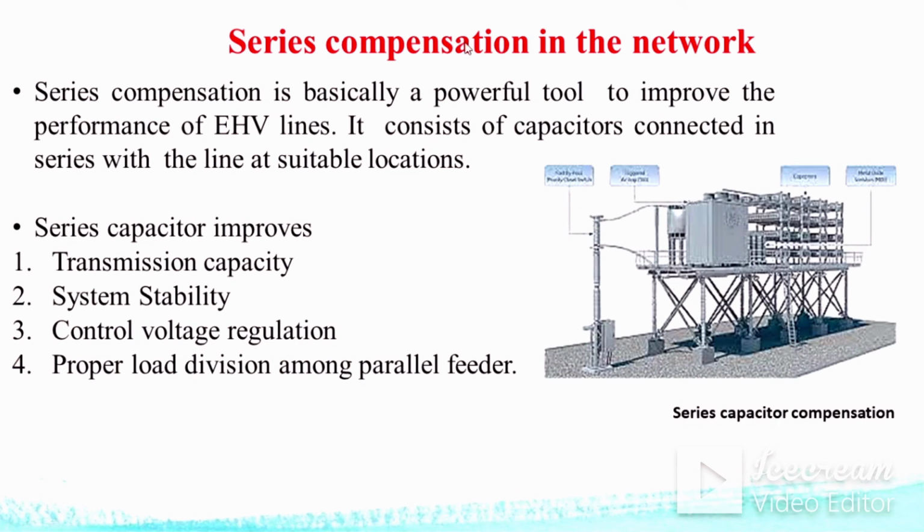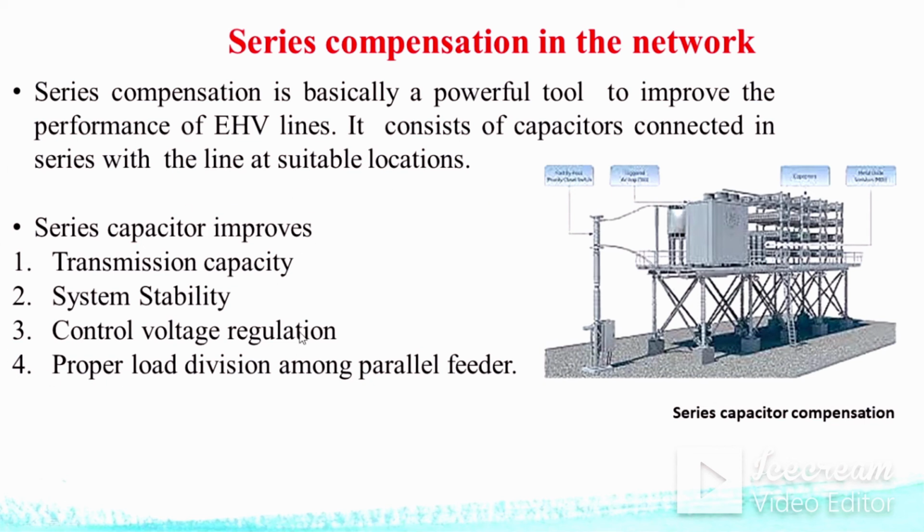So this is the picture of series compensation, how this compensation has been done. Series compensation is basically a very powerful tool for ultra high voltage and extra high voltage lines. They are not used for regular lines. It consists of capacitors which are connected in series wherever there is a high voltage drop in the line due to the reactive power.